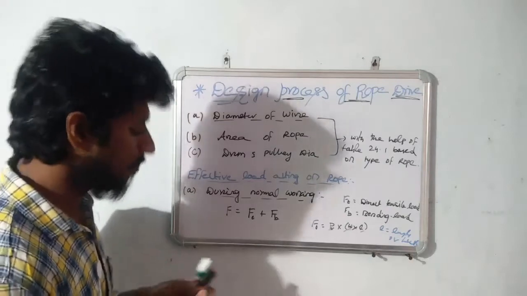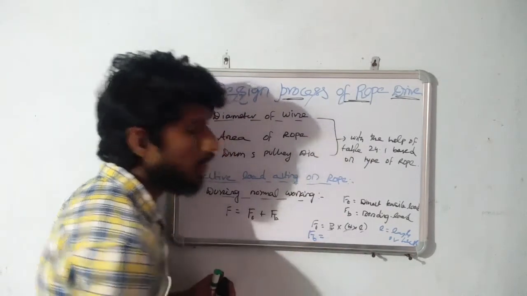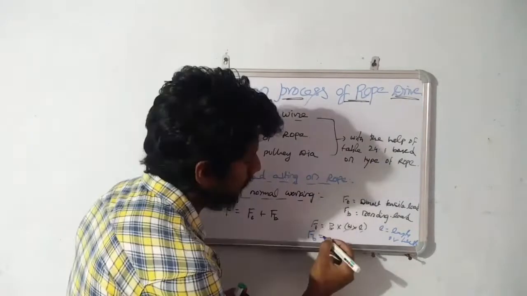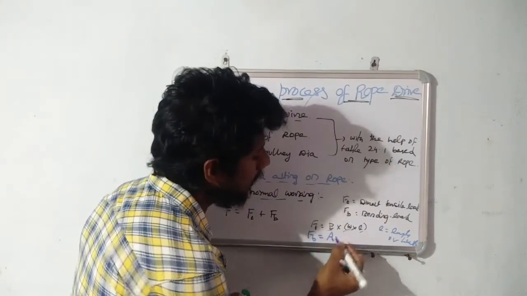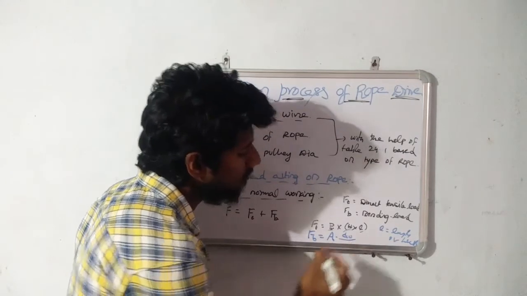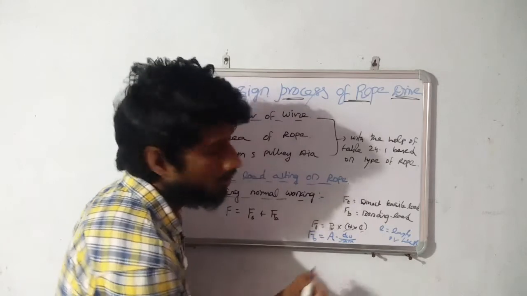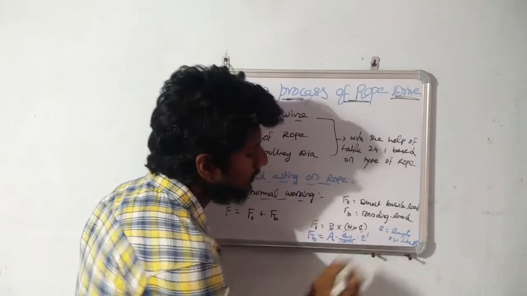And next we are going to find out the bending load. How are we going to find out the bending load here? That is equal to the area of the rope into the diameter of wire by the drum or pulley minimum diameter into Ezi.